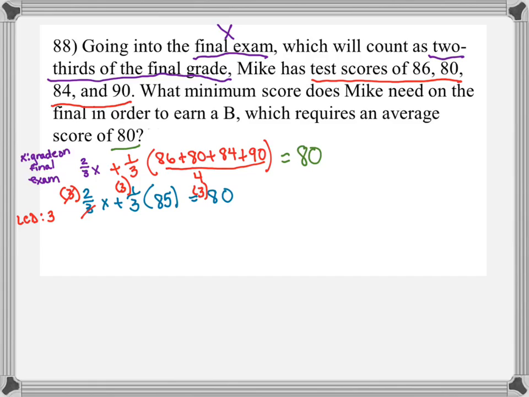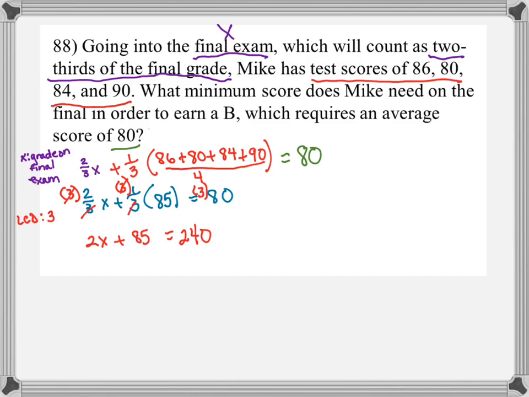And when we do this, you're going to see the fractions go away if we do it correctly. So when I multiply 3 times 2/3 x, the 3's cancel. We're left with 2x. When I multiply 3 times 1/3 times 85, the 3's cancel, and I'm left with 1 times 85, or 85. And on the right-hand side, I have 3 times 80, which is 240.